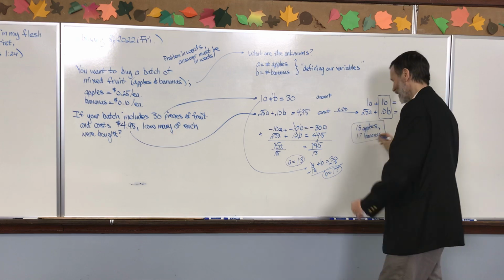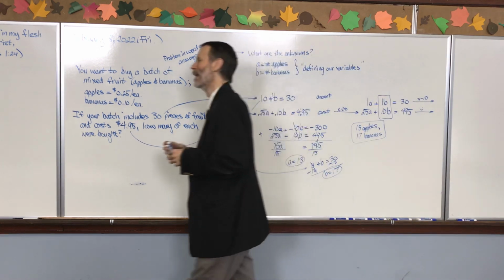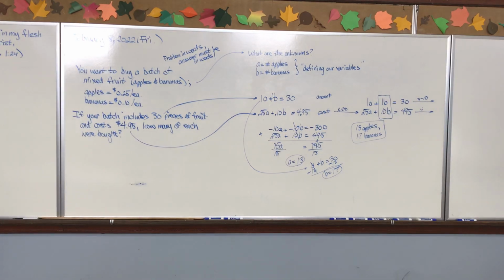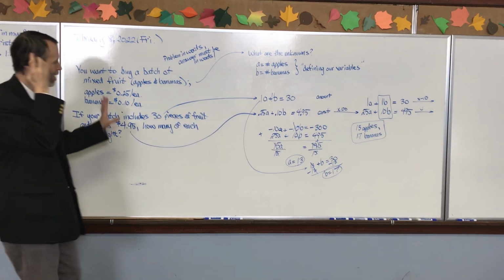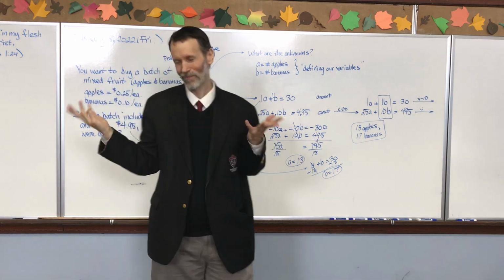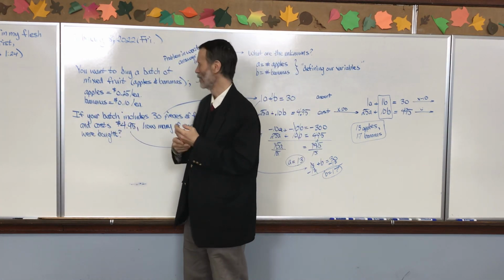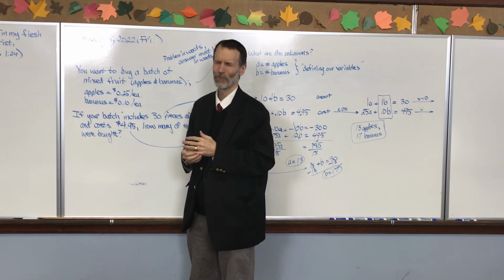So people might say, if I could guess and check this quickly, can I? At your own risk. I don't encourage that, partially because in some of these story problems, you can't have half a banana. You usually don't buy half a banana, that's weird.